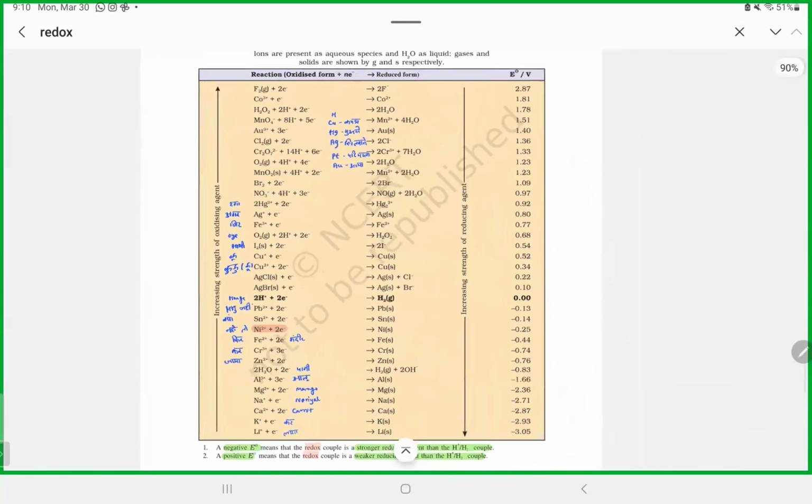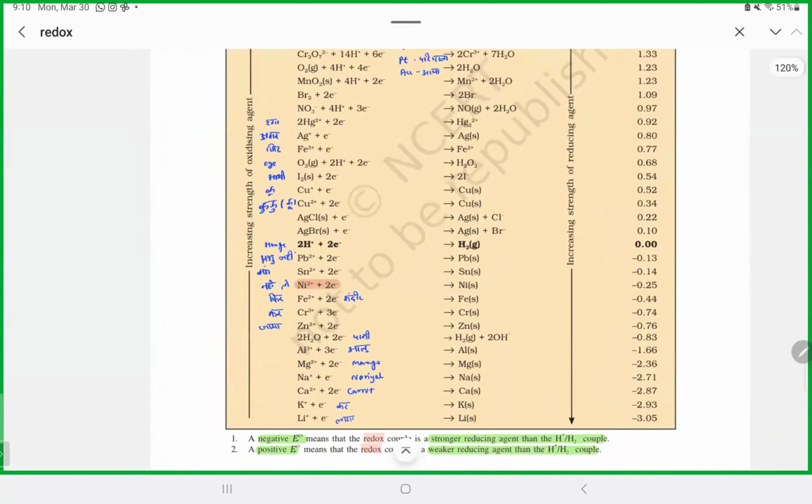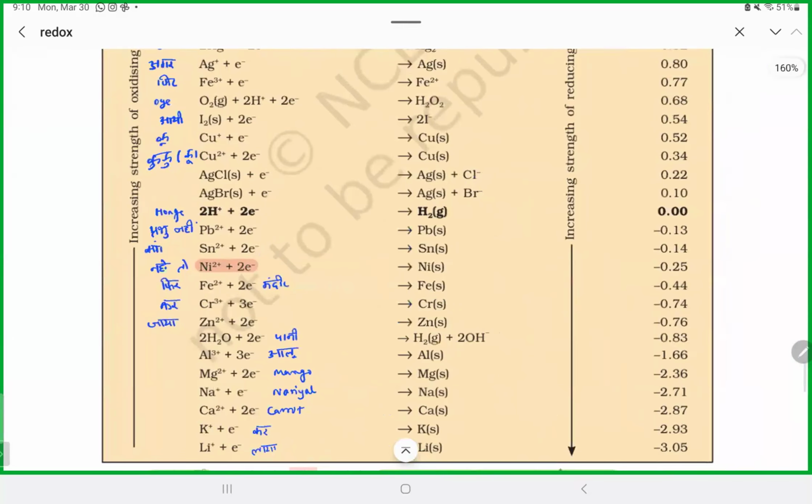See this. The electrochemical series. If you see many elements, whether zinc or nickel or iron or chromium, all are present below this.